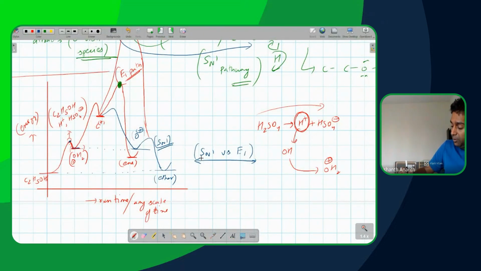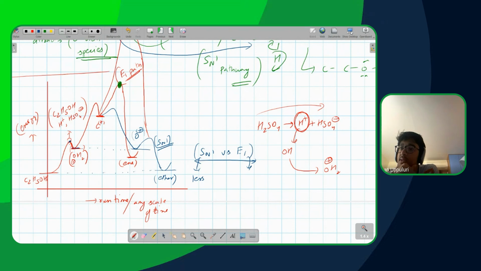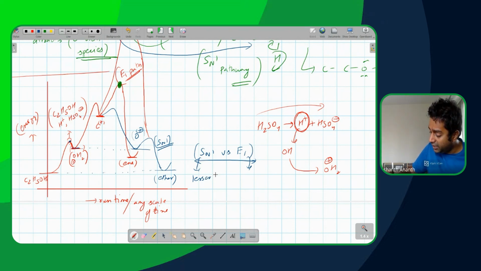Let's quickly think about what the basics are over here. So SN1 has lesser activation energy. You understand activation energy or not? Yes, sir. And in terms of exothermic or endothermic, tell me, the SN1, what is that approximately going to be?